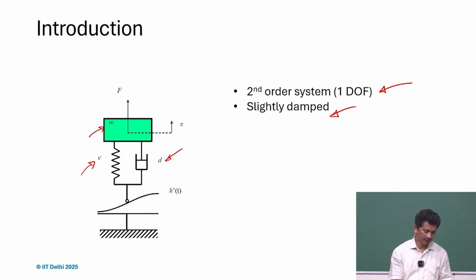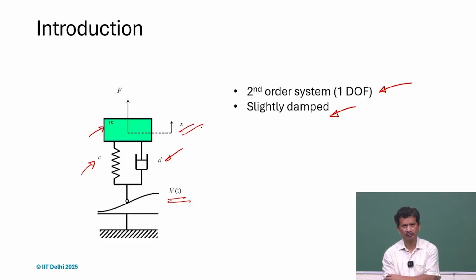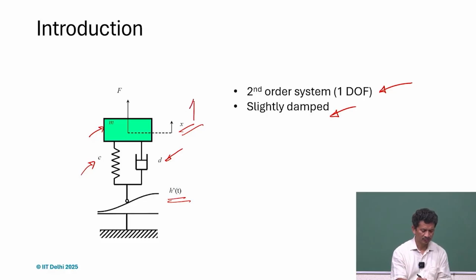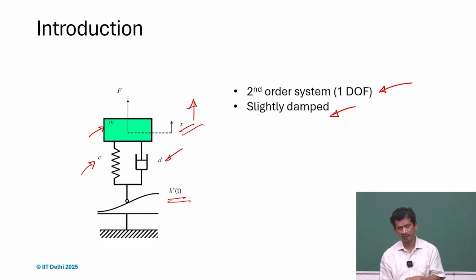What we'd be interested in, if this is the input h prime t and this is the output motion, is that if the reference is moving, how the output x, x dot and x double dot, so displacement, velocity and acceleration, moves and whether we can control it. So we'll try to look at the behavior, the response.